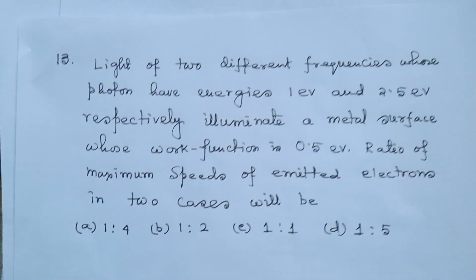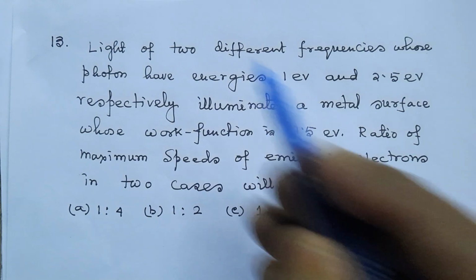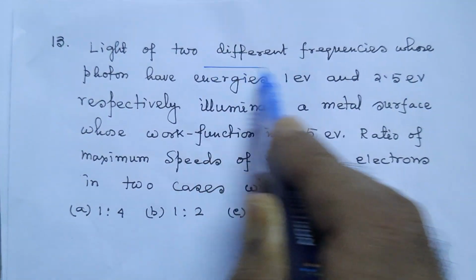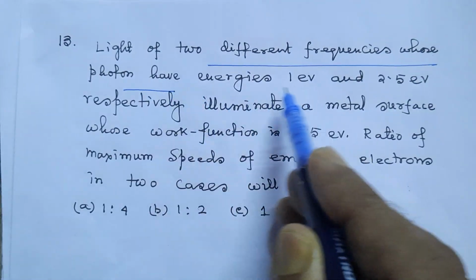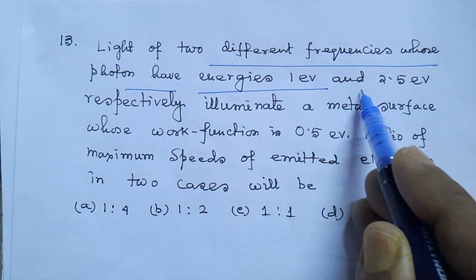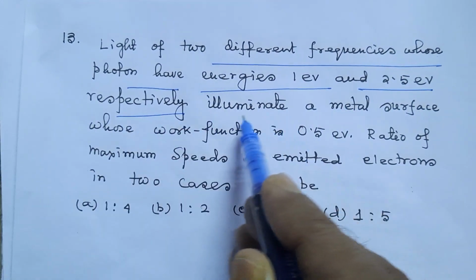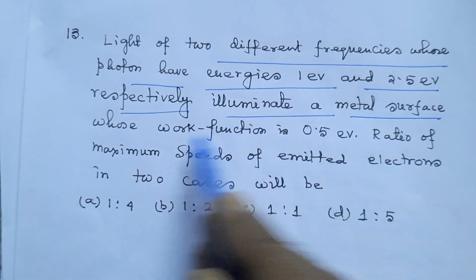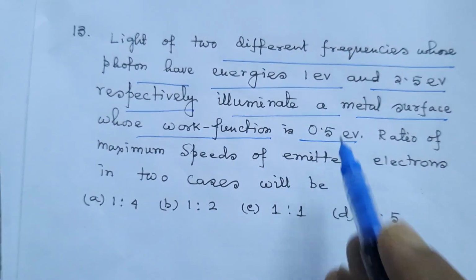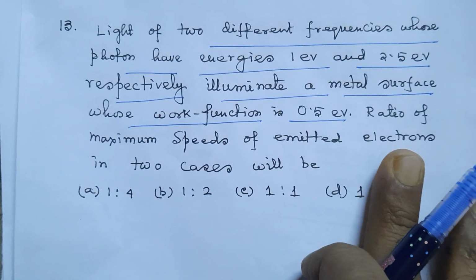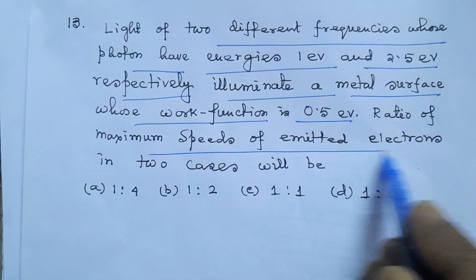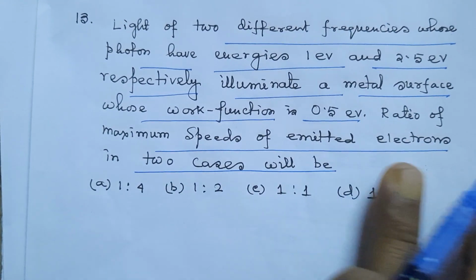In question number 13, light of two different frequencies whose photons have energies 1 electron volt and 2.5 electron volt respectively illuminate a metal surface of work function 0.5 electron volt. Find the ratio of maximum speeds of the emitted electrons in the two cases.